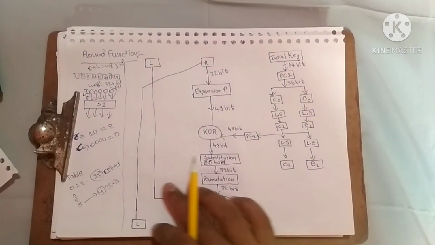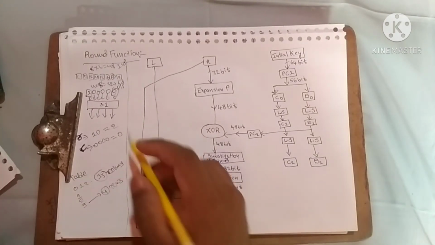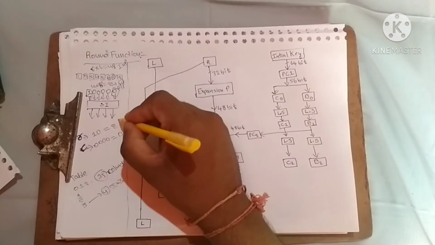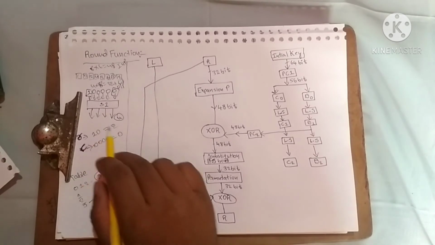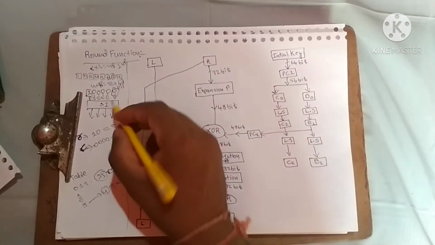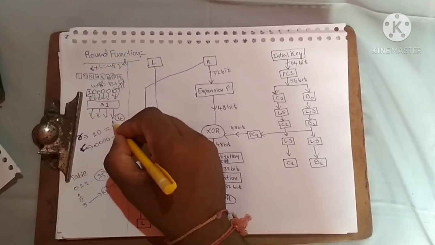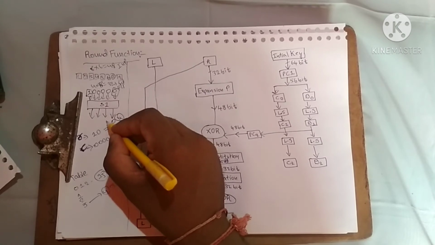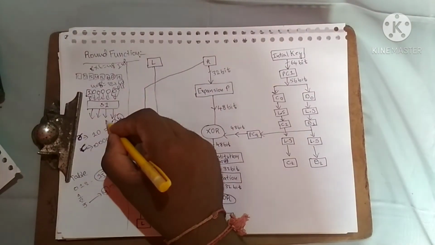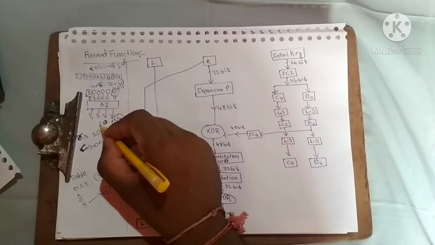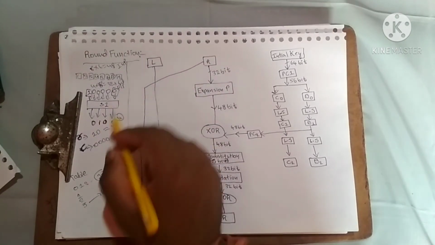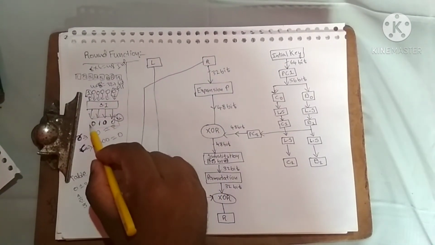Okay, the value will be 4. How will it give the output for the 4? This value will be 4.